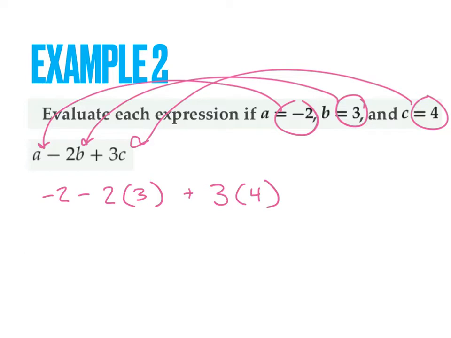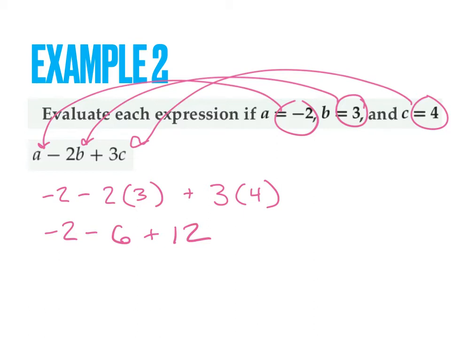So what do we do first here? Multiply. Multiply what? 2 times 3 and 3 times 4. Perfect. We're going to multiply 2 times 3 and 3 times 4. So we have -2 minus 2 times 3 is 6 plus 3 times 4 is 12. What do we do next? Subtract.